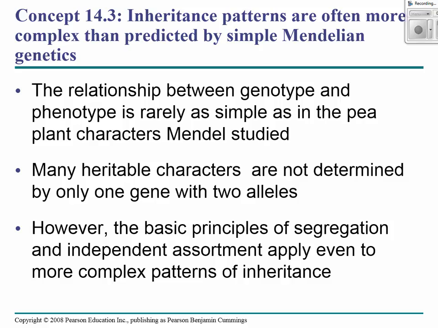However, the basic principles of segregation and independent assortment apply even to more complex patterns. If those words, segregation and independent assortment, are making you stumble, you've got to go back to meiosis. Segregation is simply when the 2 homologous chromosomes separate into the gametes.